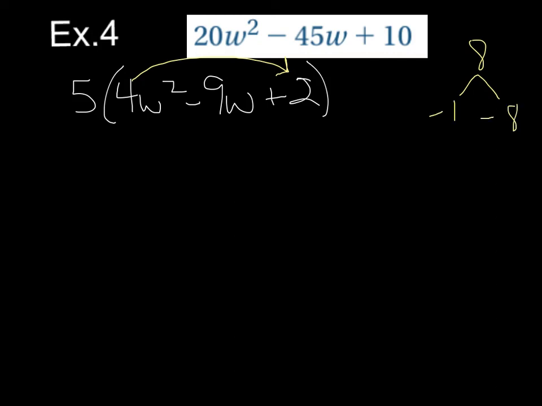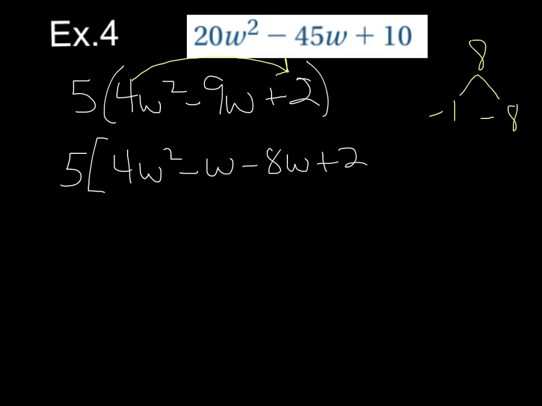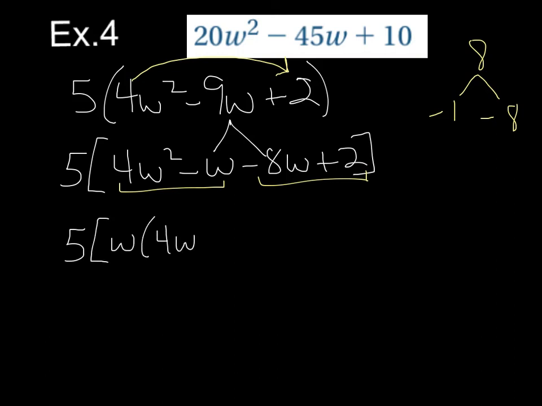So now I have 5 times 4w squared, and I'm going to make it minus w minus 8w plus 2. So splitting that 9 again. And now we're going to group. So when I group, I can take a w, which leaves 4w minus 1.